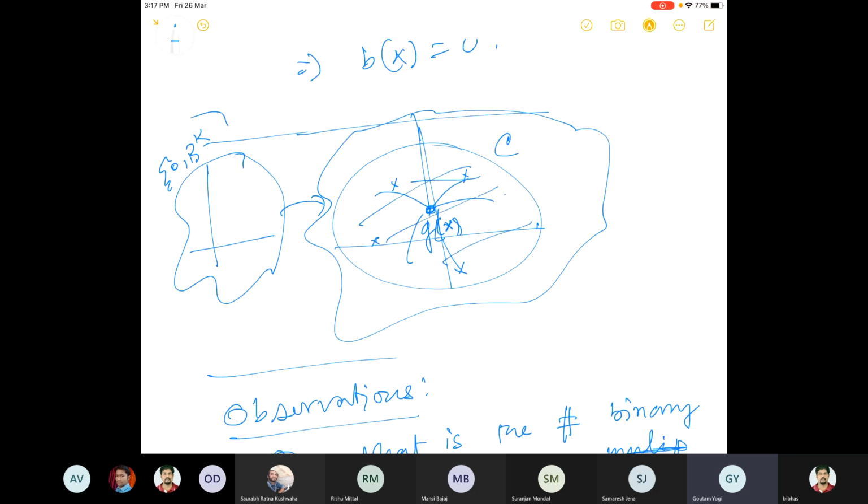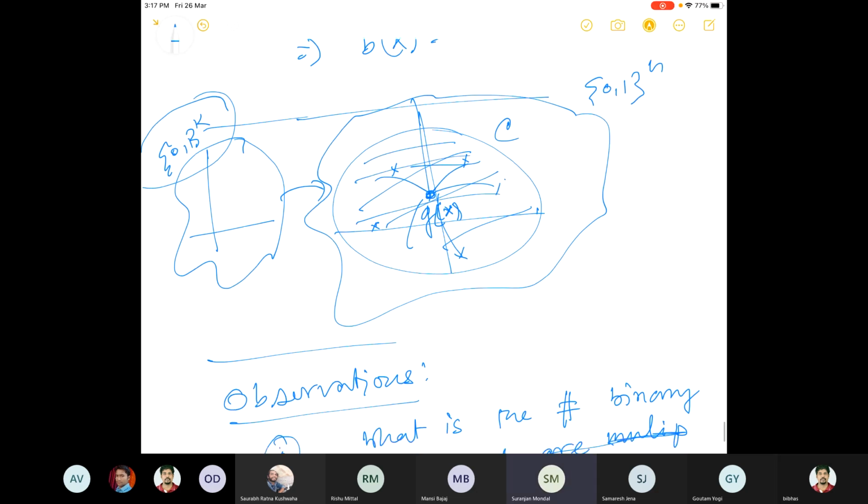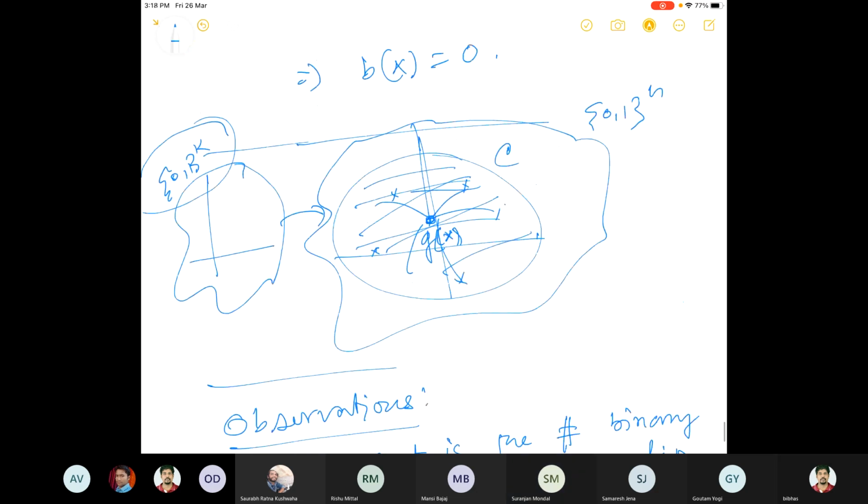No. We started with 0 1 to the power k. This was 0 1 to the power n. This was 2 to the power k, because this is how we are transferring from a k length to n length. And how many k length strings are there? This is 2 to the power k. So we're looking for 2 to the power k entries here.